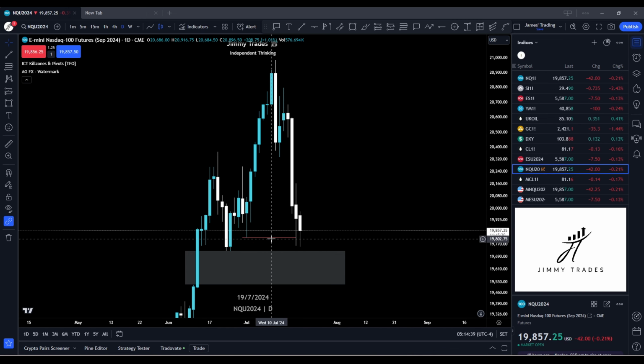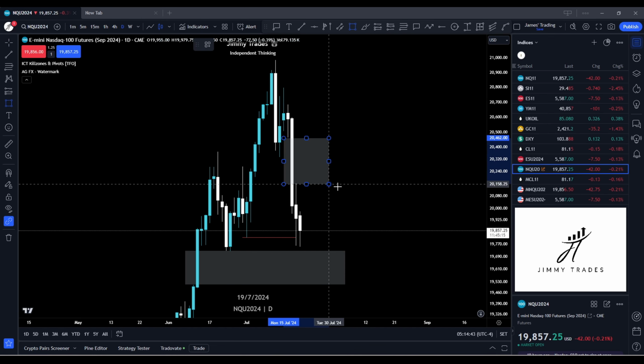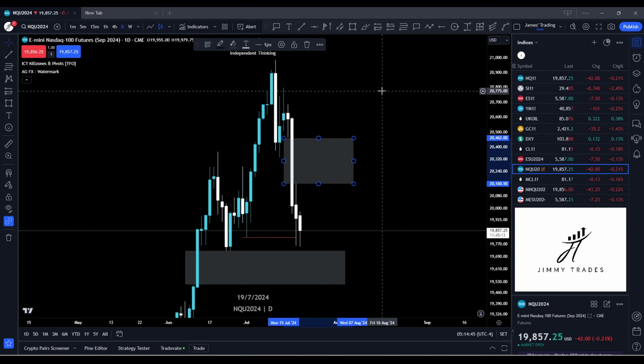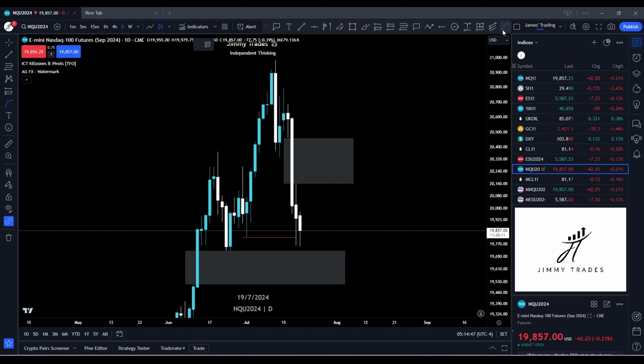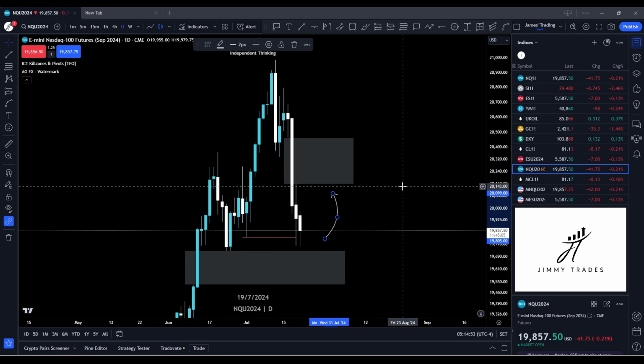So external, what do we have here? We have internal. So looking at price to move higher.